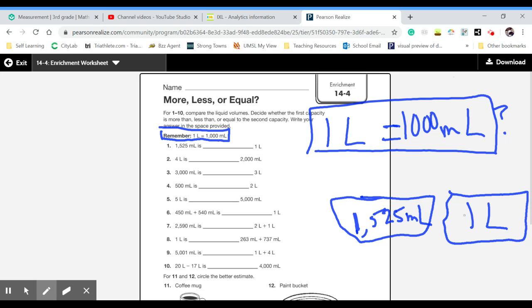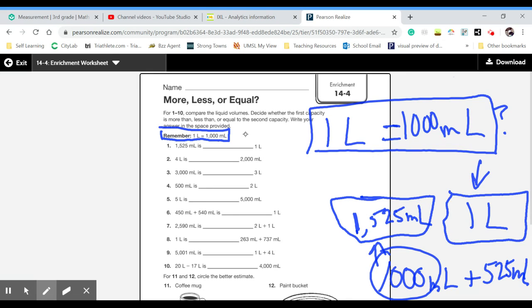As we can see here, this bowl right here has a capacity of 1,000, but also more, 1,000 milliliters plus 525 milliliters. So remember this, 1 liter has only 1,000 milliliters. So we can see here that 1,525 milliliters is actually greater than 1 liter.